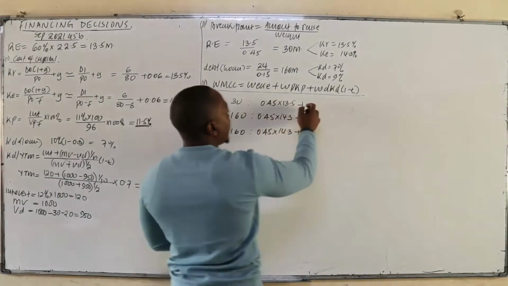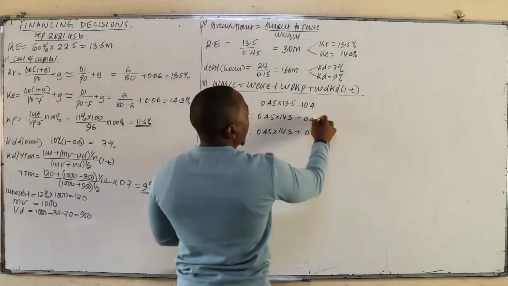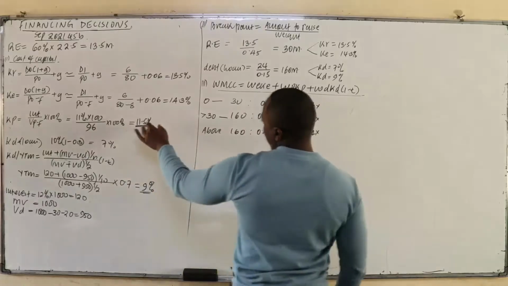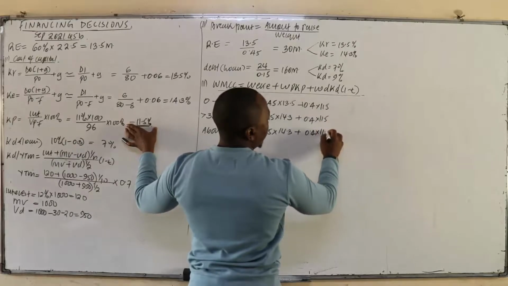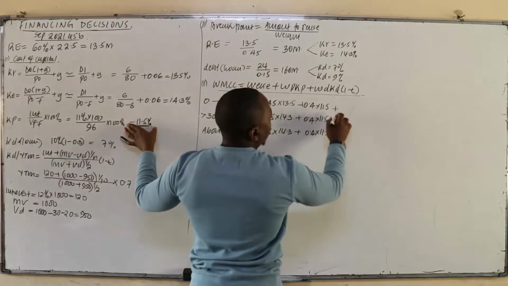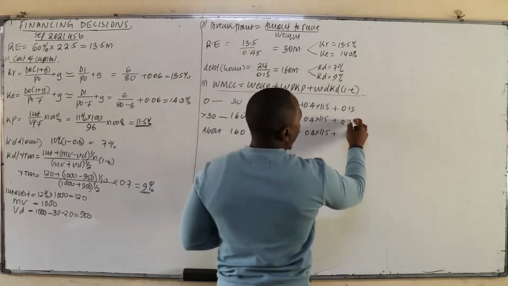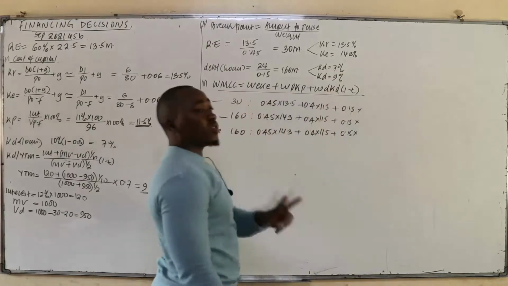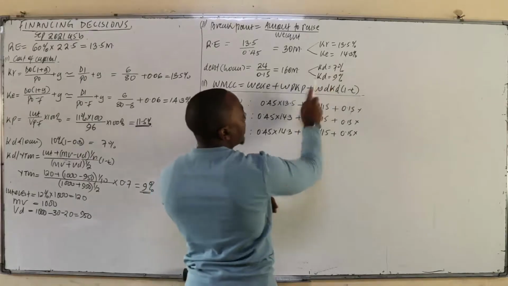Then we had weight of preference, cost of preference. How much was the weight of preference? 40%. Then you multiply by the cost of preference. Now, cost of preference is always fixed, so that one won't change. So it remains to be 11.5, 11.5, 11.5. Plus, weight of the debt was 15%. Then you multiply by the cost of the debt. Cost of the debt are 2. We have for the loan 7%, we have for the bond 9%.